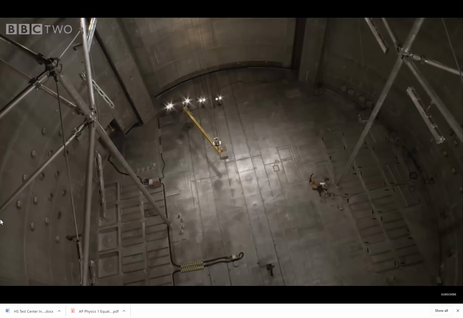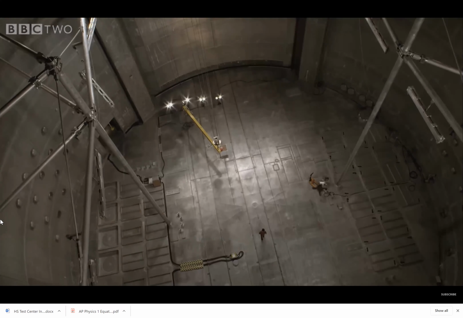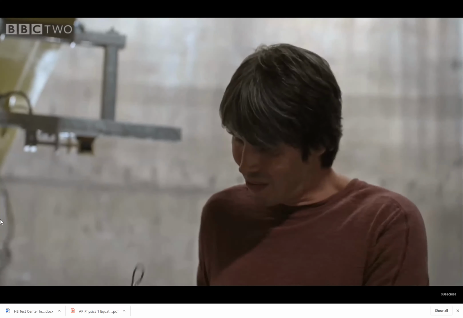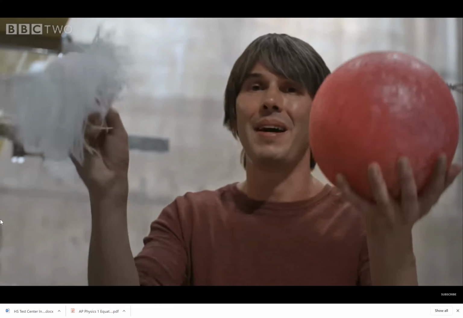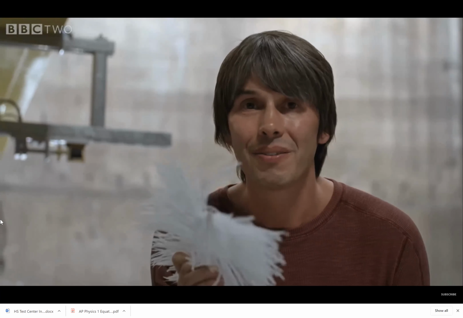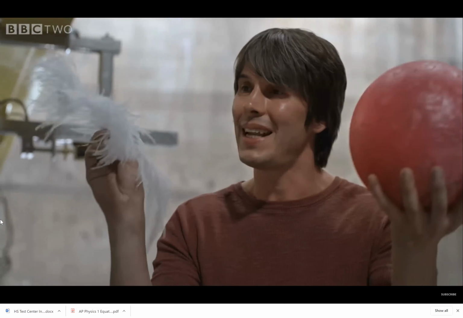Isaac Newton would say that the ball and the feather fall because there's a force pulling them down. Gravity. But Einstein imagined the scene very differently. The happiest thought of his life was this: the reason the bowling ball and the feather fall together is because they're not falling. They're standing still.